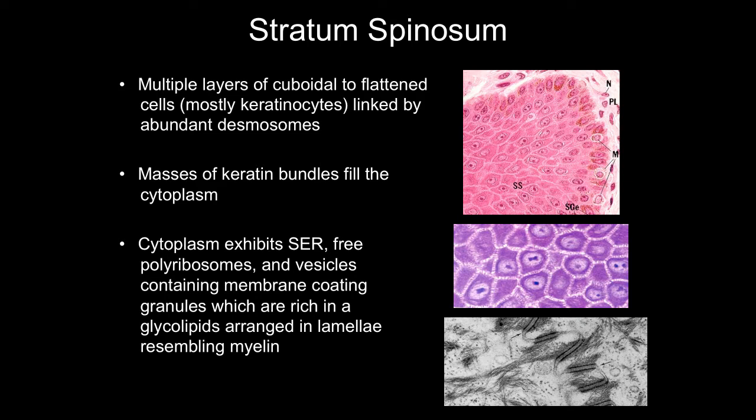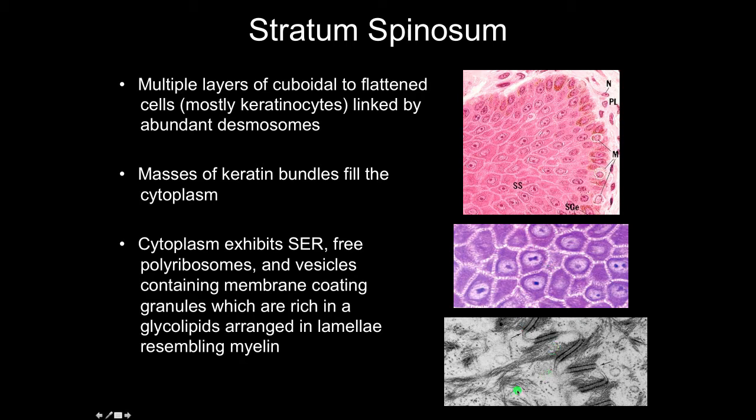Most of the cells in the stratum spinosum are the keratinocytes, and as we've said, the keratinocytes are linked to each other by abundant desmosomes. You can see that in the middle image. You can see the spiny processes, or the prickle cells if you want. These are essentially the keratinocytes. There are masses of keratin bundles that fill the cytoplasm.